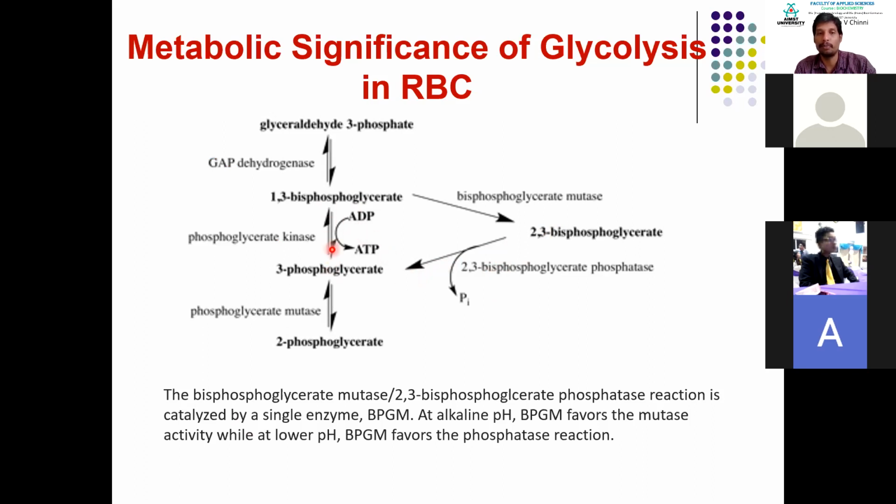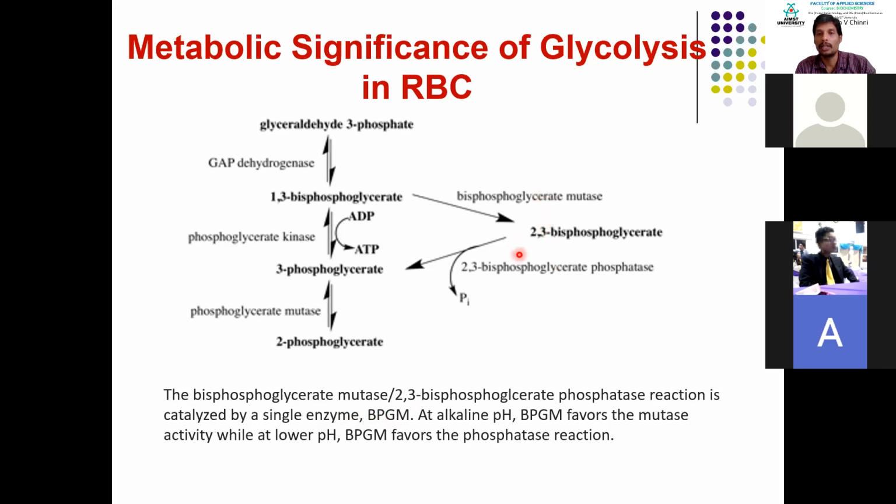This step is skipped, and the conversion of 1,3-bisphosphoglycerate to 3-phosphoglycerate is handled in 2 different steps by these enzymes, where ATP is not synthesized. Instead, inorganic phosphate is released. The bisphosphoglycerate mutase, this one, and 2,3-bisphosphoglycerate phosphatase, this one, are catalyzed by a single enzyme, bisphosphoglycerate mutase.